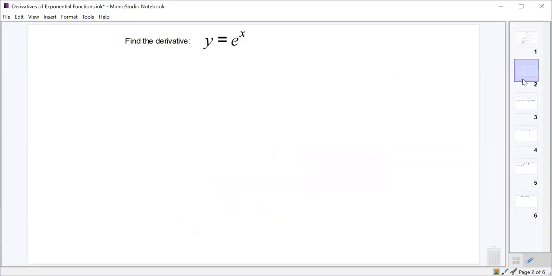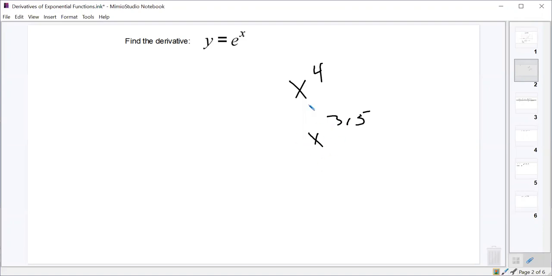Let's find the derivative of this, e to the x. So is this one that I've given you a rule for? Power rule. Seems like what you would think. But how have all of our power rule ones looked? They've been like x to the 4th, or x to the 315th power or something, right?